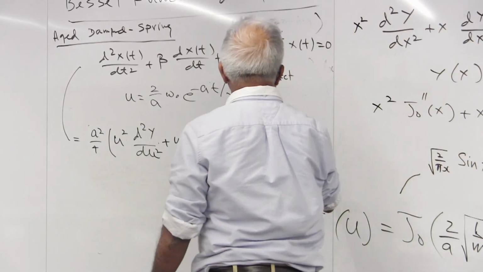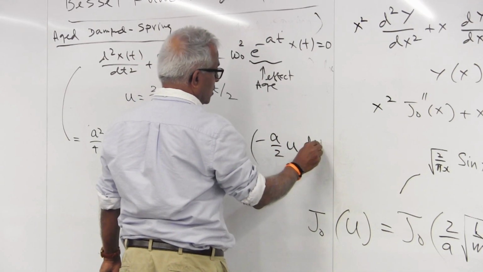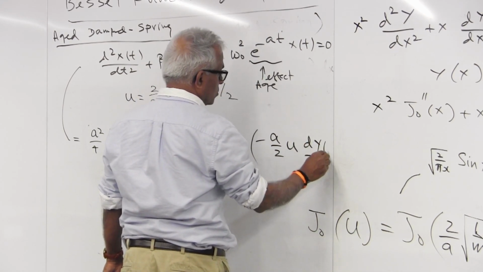So for the first line, minus a by 2 u dy by du.